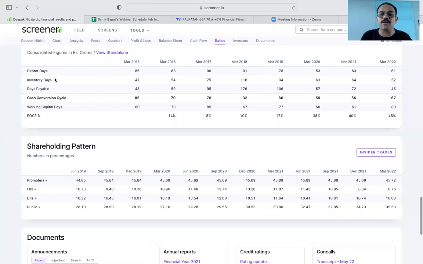Can we say they are rotating their money 7 times a year? 365 divided by 52, approximately 7 times. So whatever money they are investing in buying the raw material, they are getting it back in 52 days, roughly putting it back in the material, and they are rotating the money 7 times. Agreed?